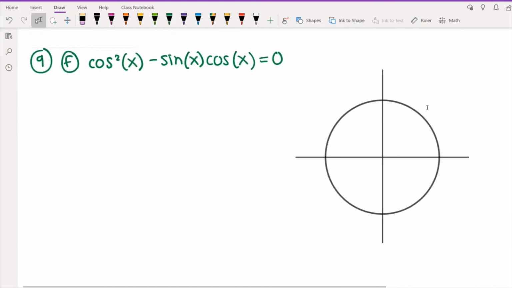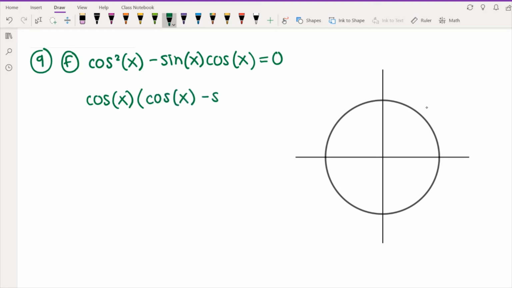So for F, we want to see what we can factor out from both terms, and that's generally going to be your first step. We can factor out a cosine of x. So if we factor out cosine of x, we're left with cosine of x times the quantity cosine of x minus sine of x is equal to 0.